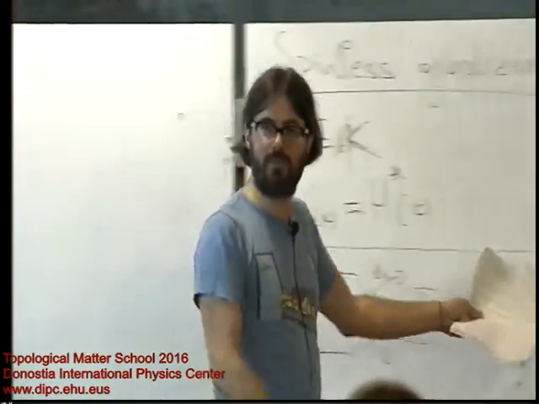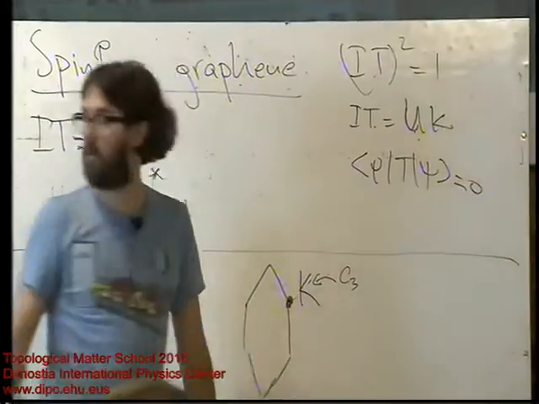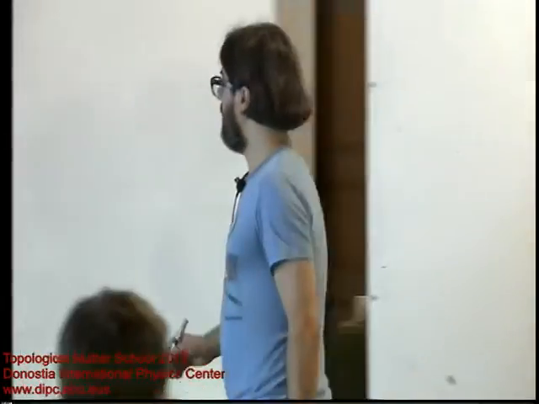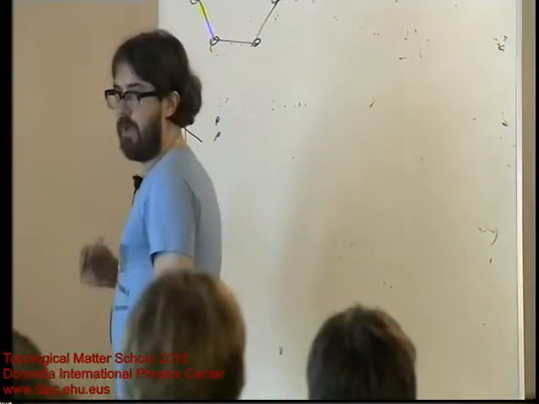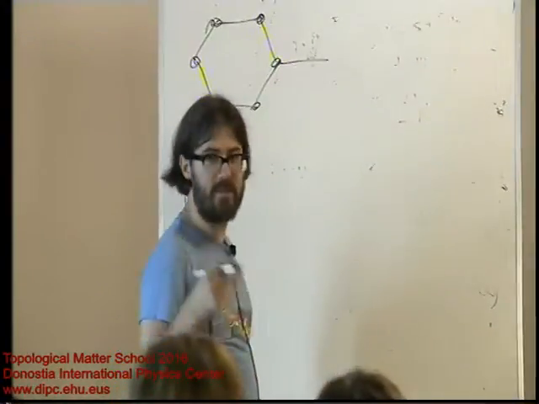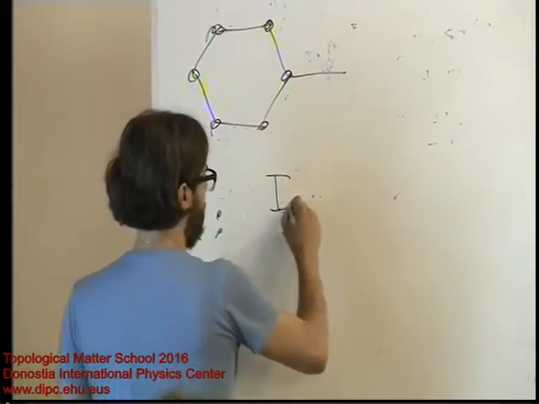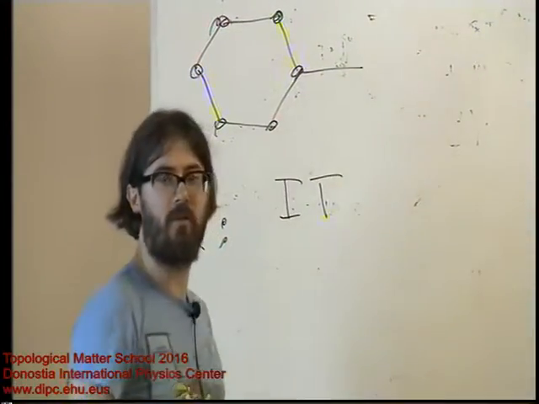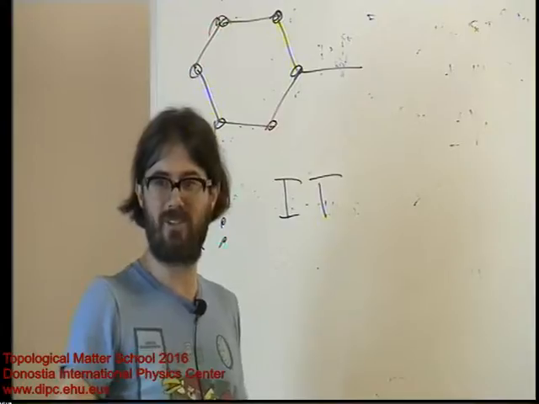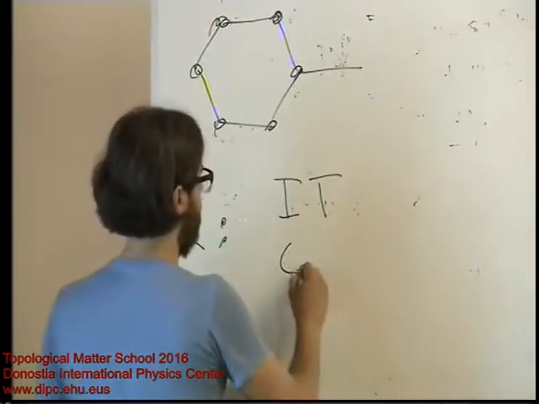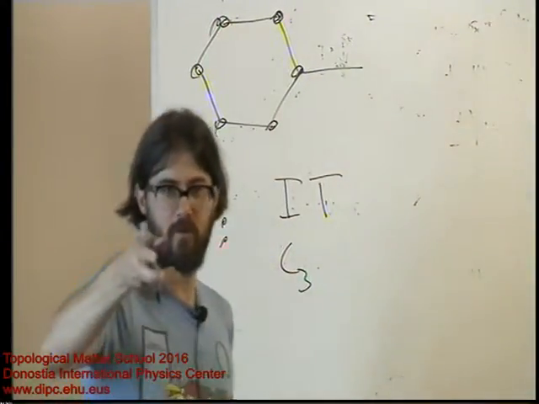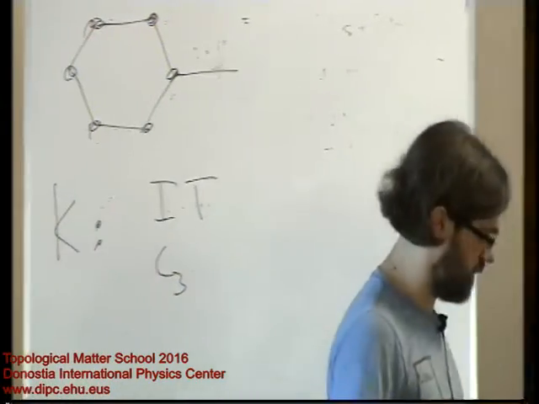You know, it's this point in the Brillouin zone. The K point in the Brillouin zone is invariant under several transformations. And this is called the little group of the K point. The little group of the K point has inversion times time reversal, which sends K into K. We just talked about it. It also has C3, right? You do a C3 rotation.